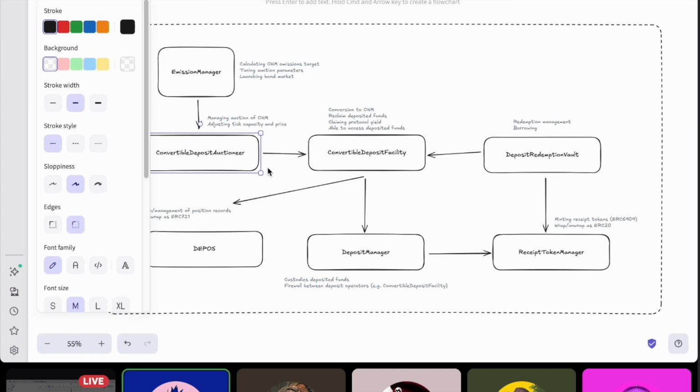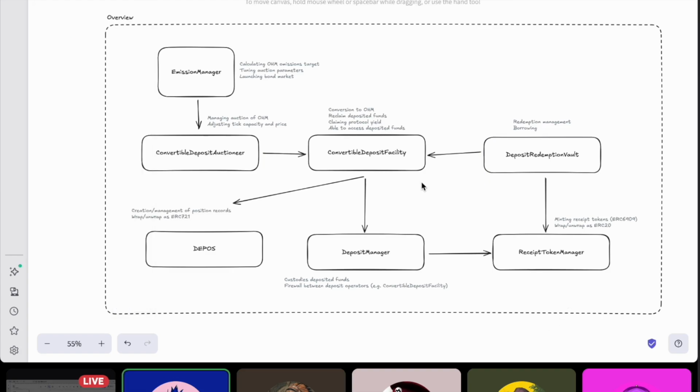And the next kind of section is really on those auction mechanics. So the auctioneer is responsible for conducting that auction. That's what the front end interacts with. And then when it comes to delivery, minting the receipt tokens, and creating the position, the convertible deposit facility is responsible for that. And that and the redemption vault are the two contracts that post-auction users will be interacting with.